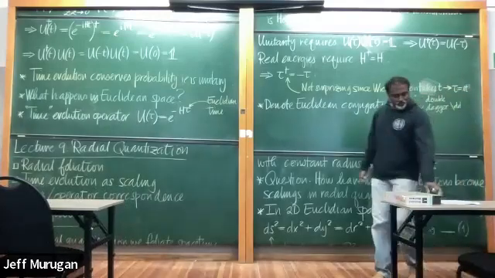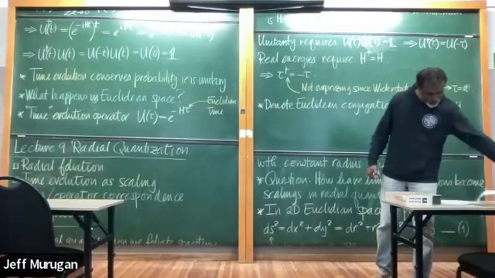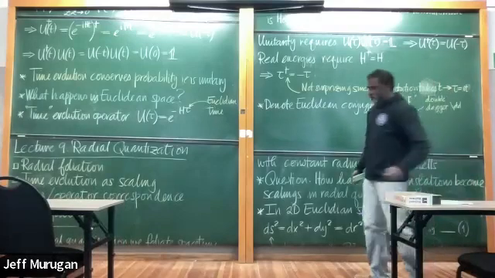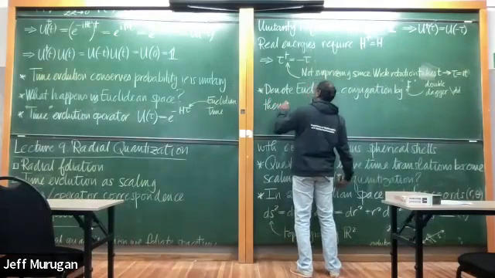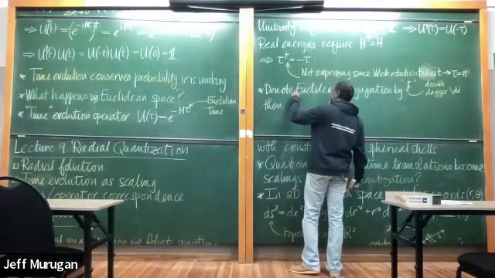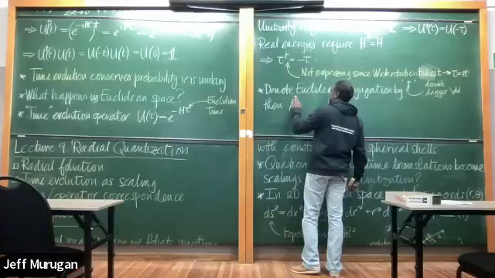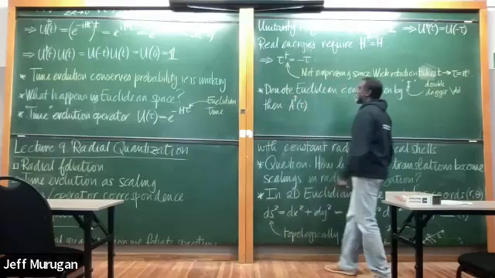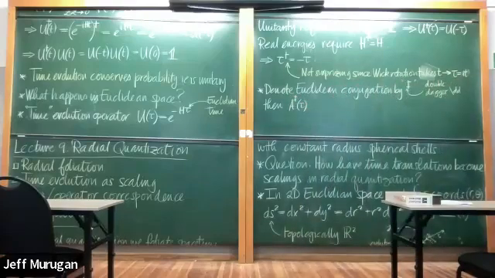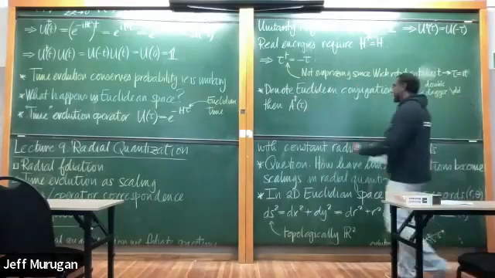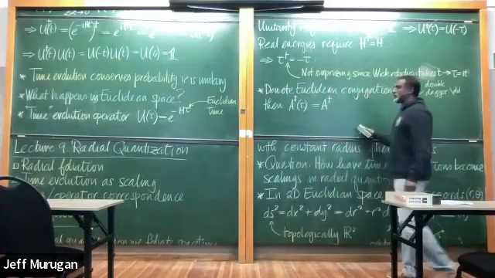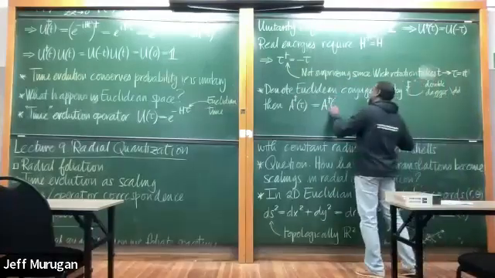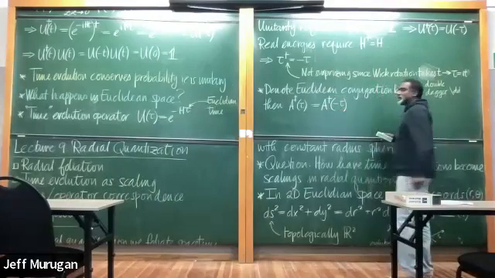Then what we've learned here is that, given some operator A of tau, the Euclidean conjugate of A of tau is the Minkowski conjugate of A of tau, A dagger, but evaluated at minus tau.